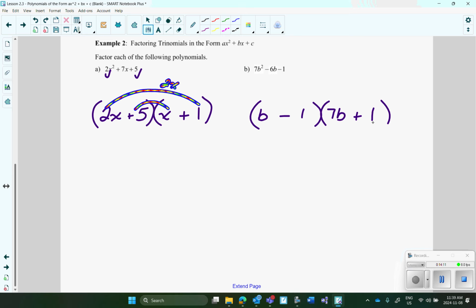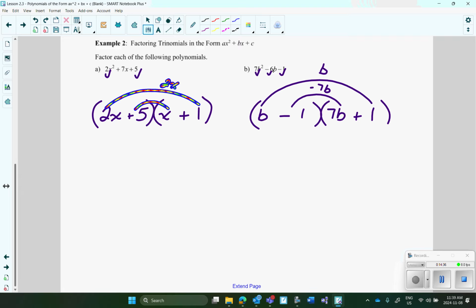Okay. b times 7b, yes. -1 times +1, yes. b times 1 is b. -1 times 7b is -7b. b, combine these, gives me -6b. So it should be that.